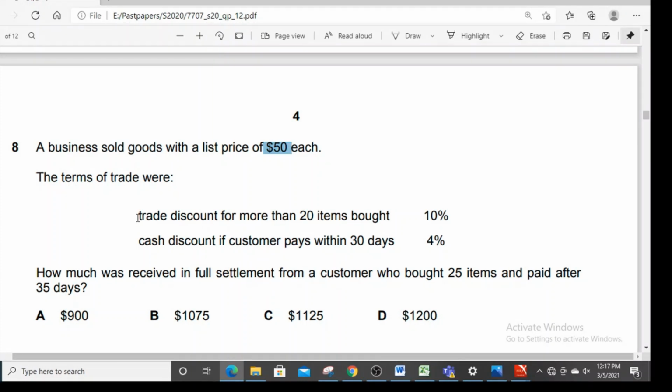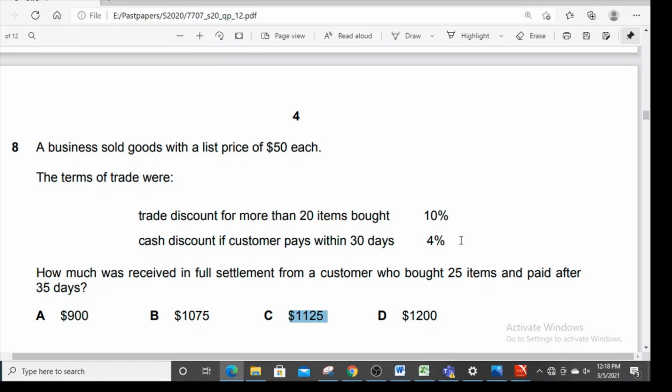We are buying 25 items, so the net price of 25 items will be 25 times 45, which is 1125. As the payment is being made after 35 days, I have already told you there is going to be no role of cash discount.